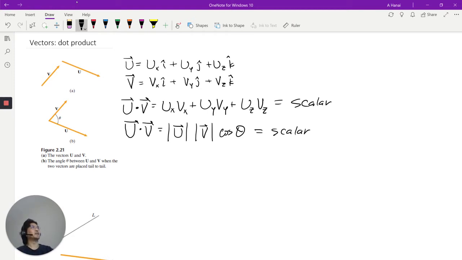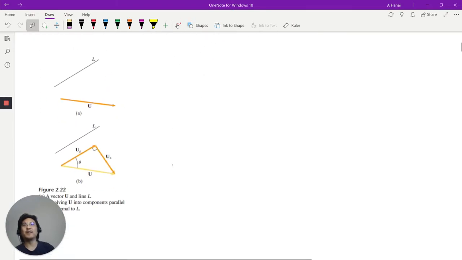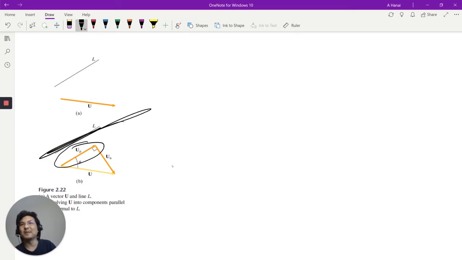Okay, so here's an application. Let's say you have this vector in space, but you want to decompose it so that one component is parallel to some line and the other component is normal.